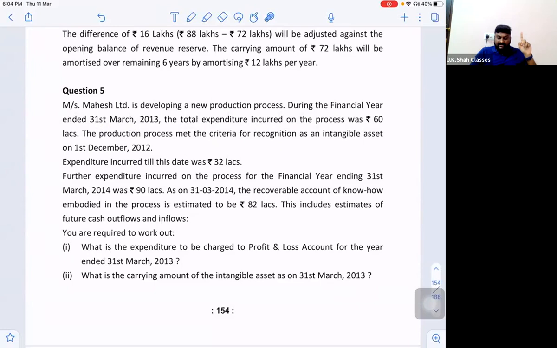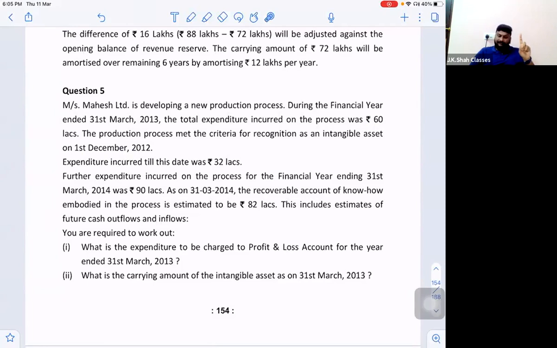Expenditure incurred till this date was 32 lakhs. Sir, we started the process from the beginning of the year, from 1st April 2012. But we finally gained some achievements from 1st December 2012 when the asset met the recognition criteria. Until this date, company had spent 32 lakhs. But overall for the full year, company has spent total 60 lakhs.